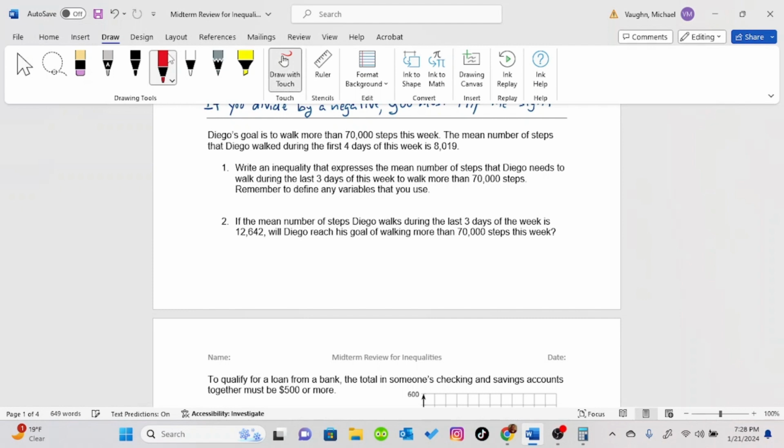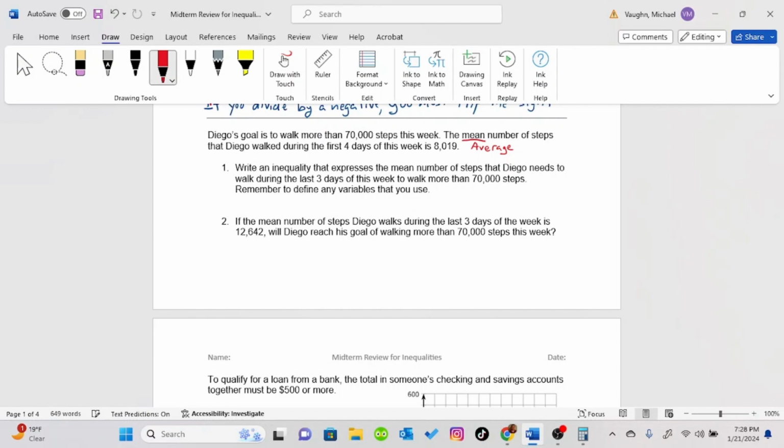Diego's goal is to walk more than 70,000 steps this week. The mean, this is average, number of steps that Diego walked during the first 4 days of the week is 8,019.